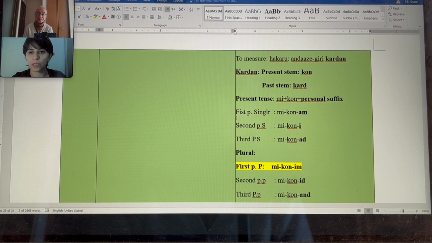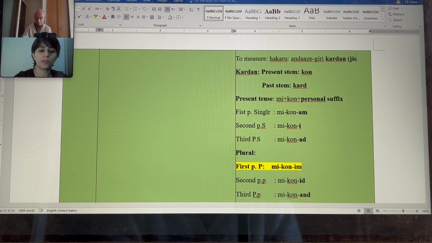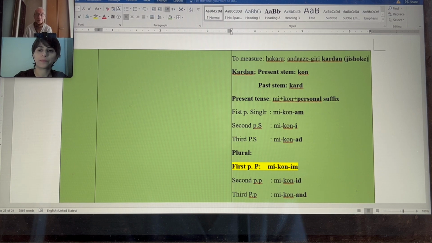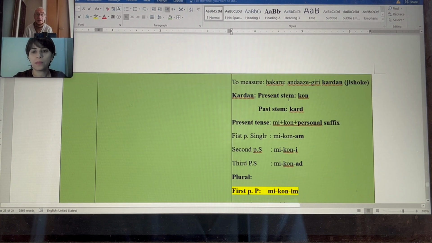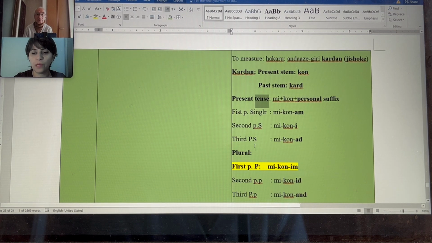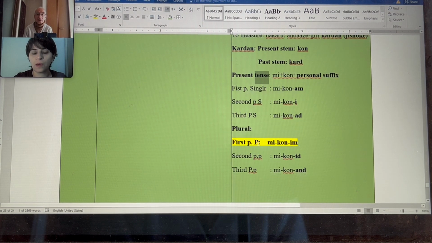So this is jishoke. You have to conjugate it for the present tense. For the first person singular, mikonim.